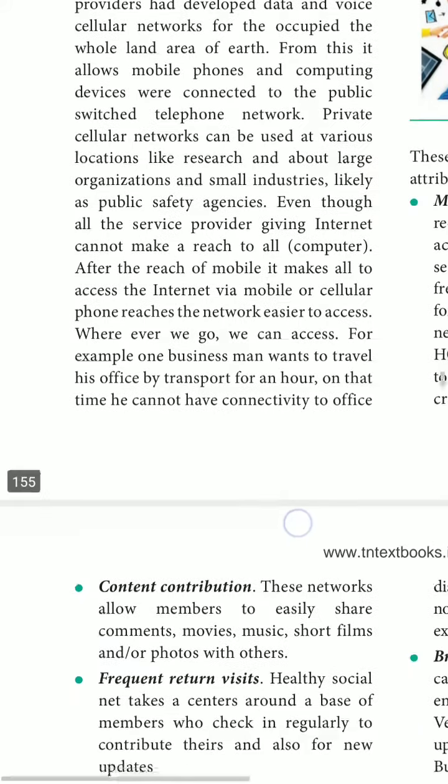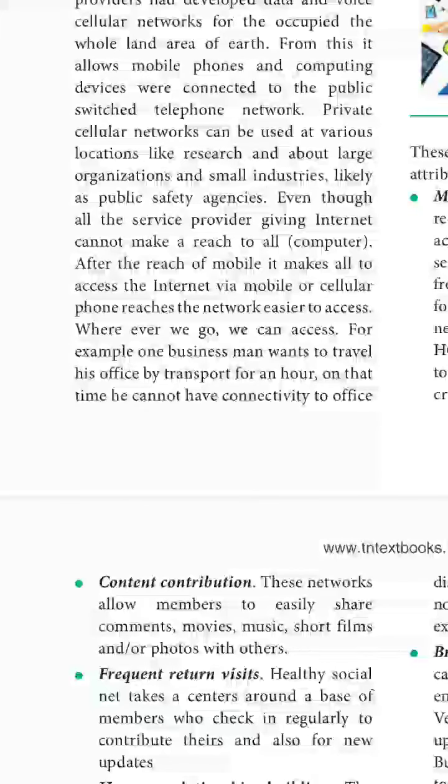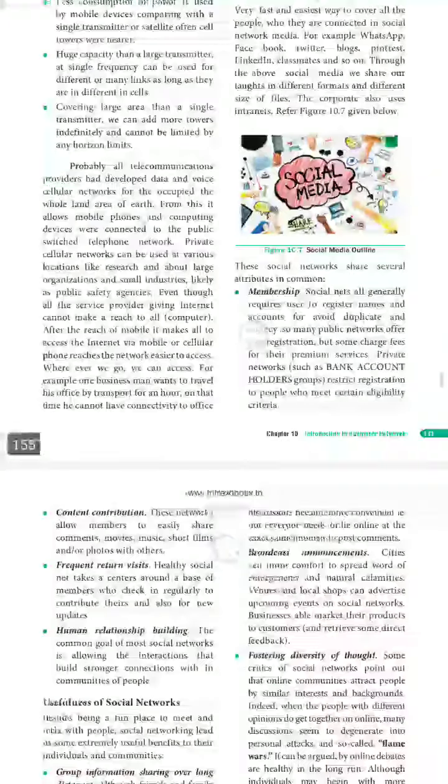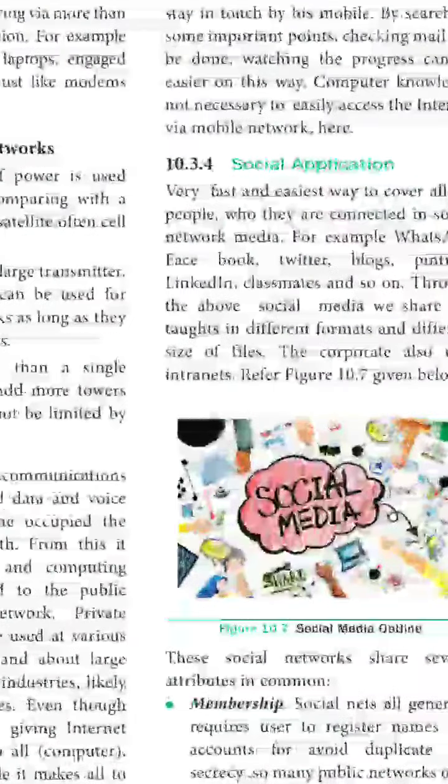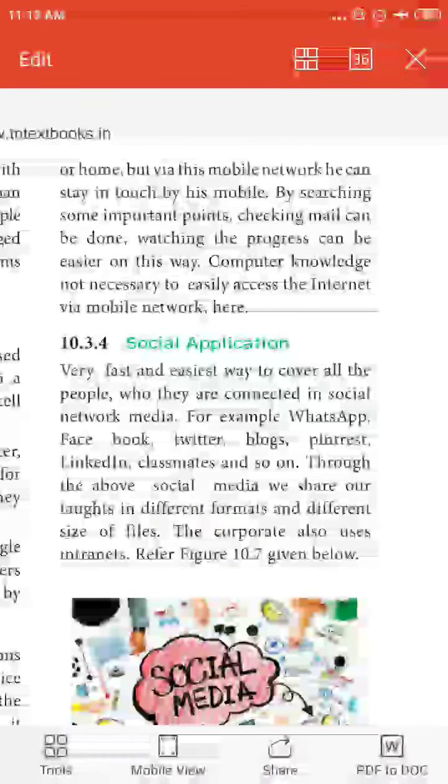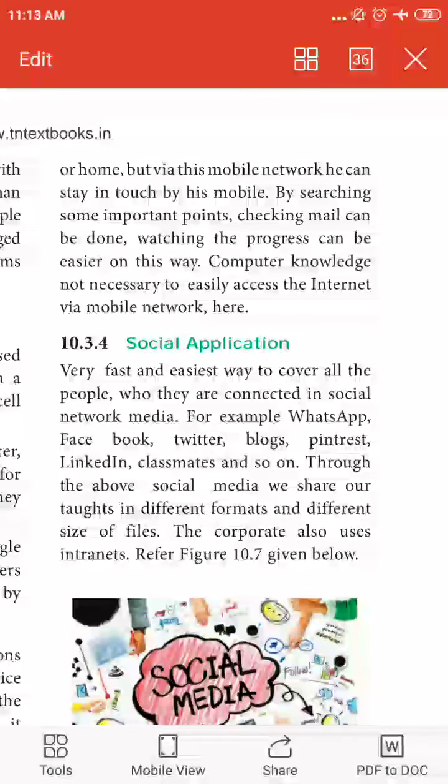For example, one businessman wants to travel from his office by transport for an hour. During that time, we cannot have connectivity to the office. But with this mobile network, he can stay in touch with his office by his mobile, searching some important points, checking emails, and watching the progress easily.